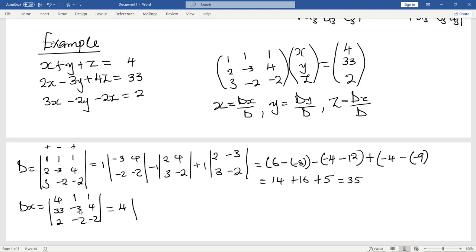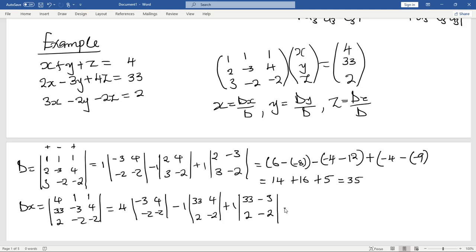Then we remain with negative 3, 4, negative 2, negative 2 here, minus 1. Then when we close this, we're going to remain with 33, 4 this side, 2 and negative 2 here, plus 1 outside the brackets there. Then we're left with 33, negative 3, 2, negative 2 there.